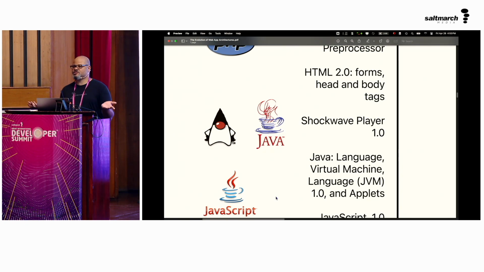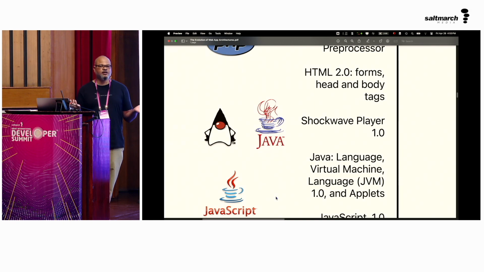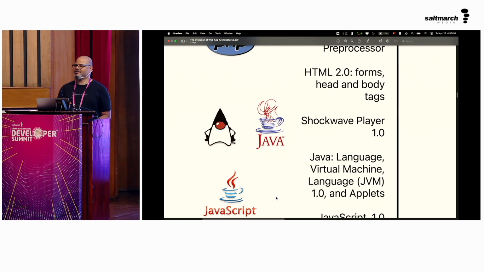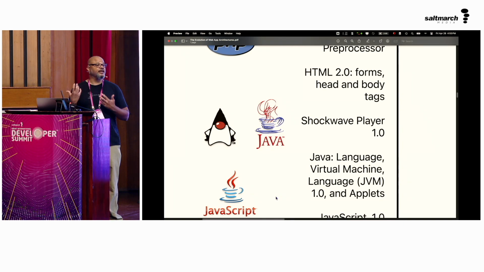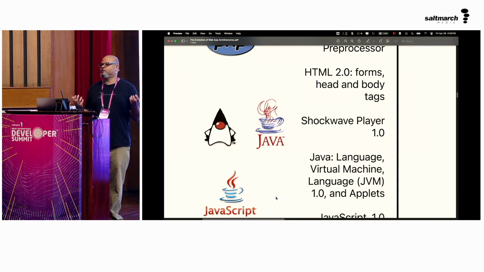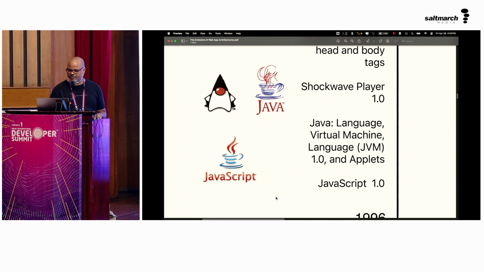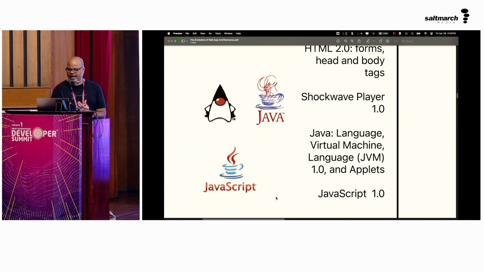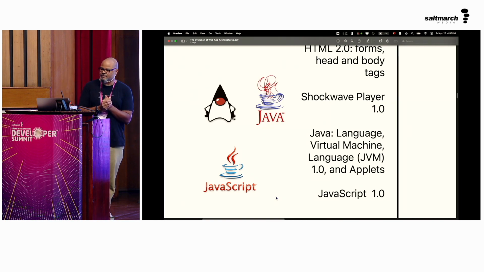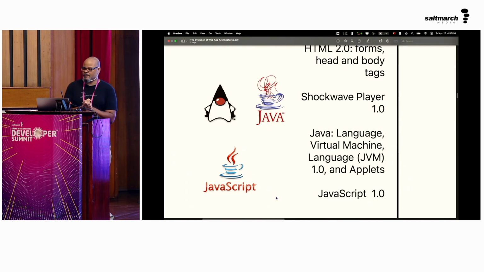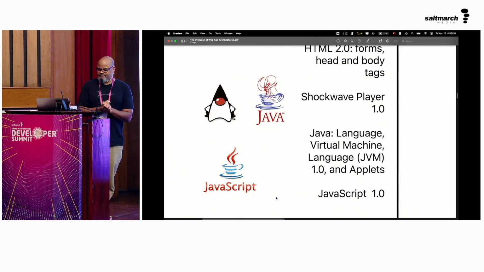Just like we have extensions, they had browser plugins, and they would allow you basically to circumvent the browser, the HTML part, and do other things, right? So Shockwave was a platform for building multimedia applications. Java came out that year as well. And one of the smartest things they did with Java was Netscape got excited about it, and they integrated it into the browser so you could have Java applets running in the browser, right? And that was a big deal.